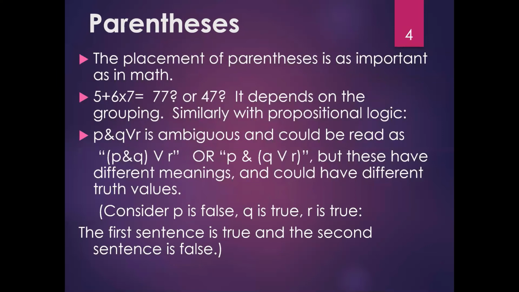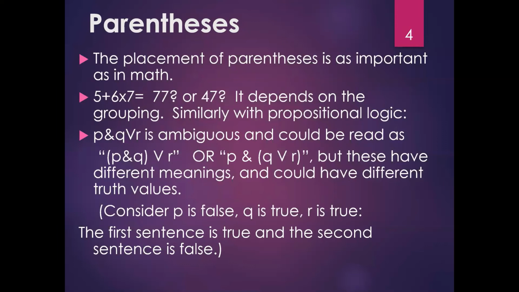But in the other sentence, we have P being false and Q or R, where that conjunct is true. We have a false conjunct with another conjunct that's true, but that sentence as a whole is false because one of the conjuncts is false. We'll work on these at the end of the video to make sure we're very clear on this.